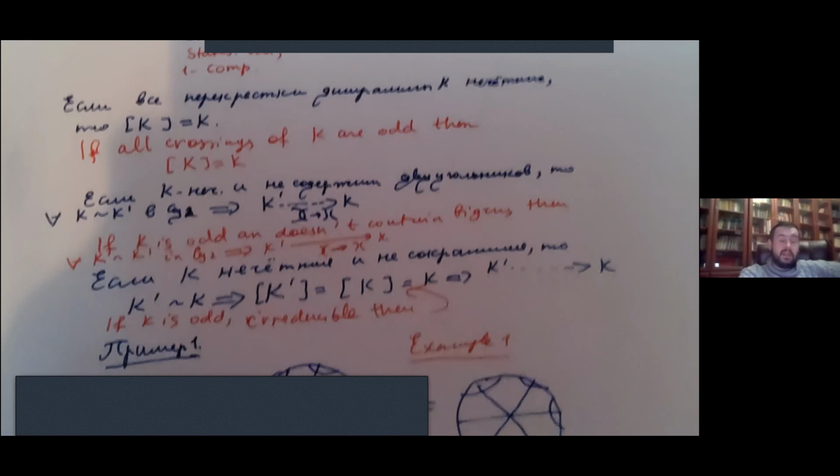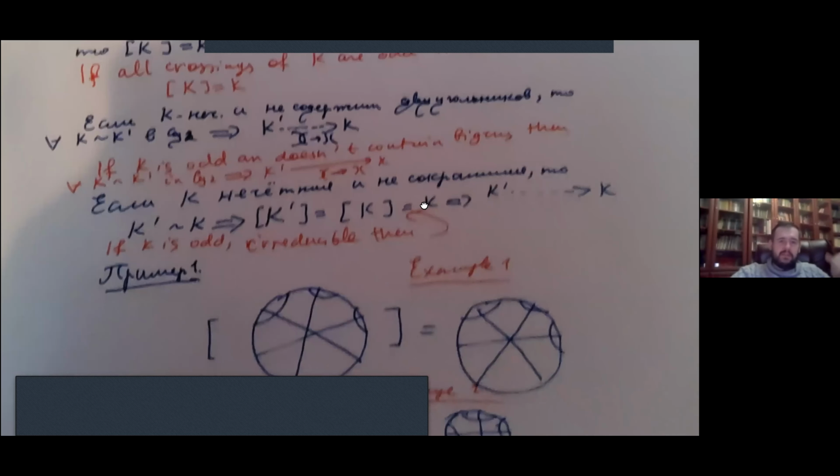So this means that K can be, well, actually, here I should be accurate somehow. Here I should say that K prime contains K as a diagram, which is obtained by smoothing some crossings. So this statement is also true, but we should be careful. So not by Reidemeister 2, but let's say by smoothing some crossings, because what do I mean by states of K prime? Of course, I mean some smooth ways of smoothing.